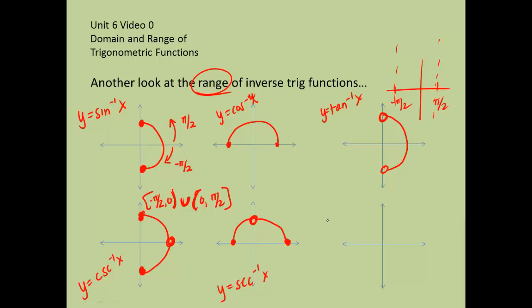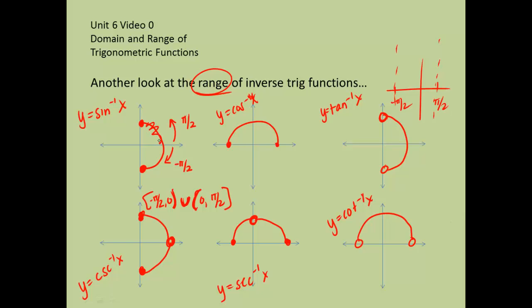And lastly, we're going to have the cotangent inverse of x. That graph is going to look similar to our cosine graph, except we're not going to include the endpoints in that one. And this is our cotangent. So again, this is not the graph of them, but this is where you will pull the values from.